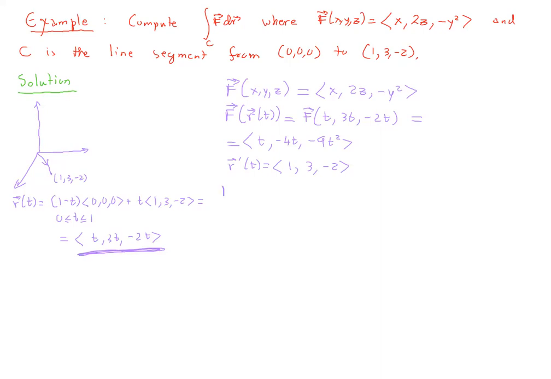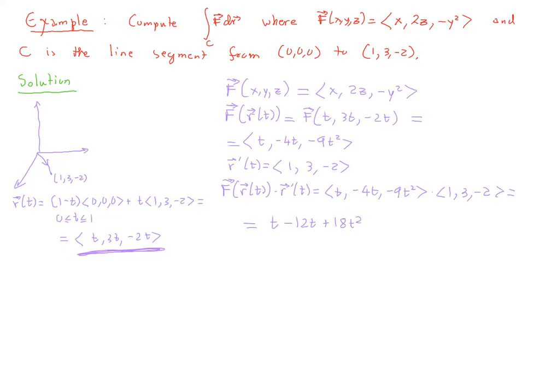And finally, I'm going to take the dot product, and this is going to be t, -4t, -9t squared dot 1, 3, -2, which will give me t minus 12t plus 18t squared.